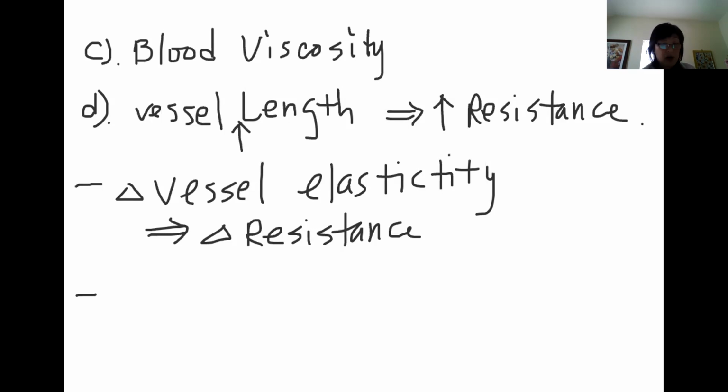Okay, all right. So let's see now. I think we're ready to talk about the mechanisms. Okay, let's talk about mechanisms of blood pressure regulation.